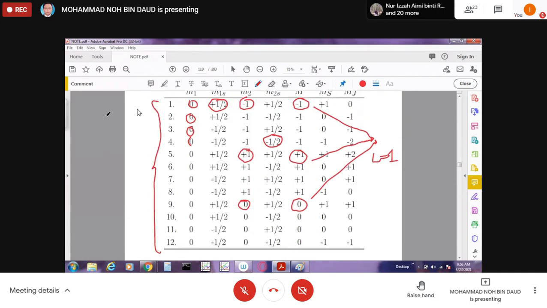So we cannot have these combinations. If 1, they must be -1 and 0. If the maximum value is 1, the minimum is -1. So we cannot have this one. So we cannot select this row.